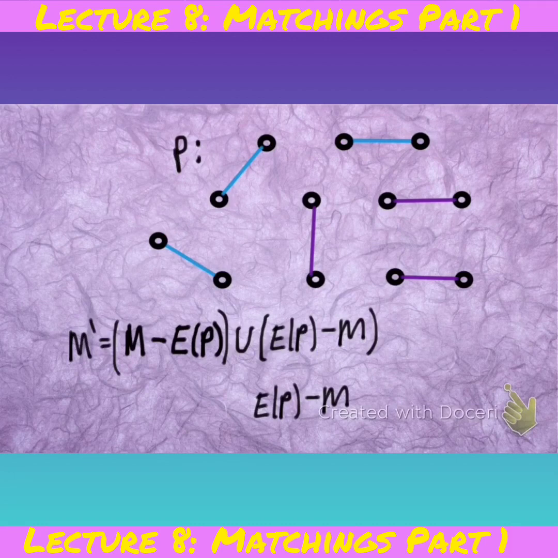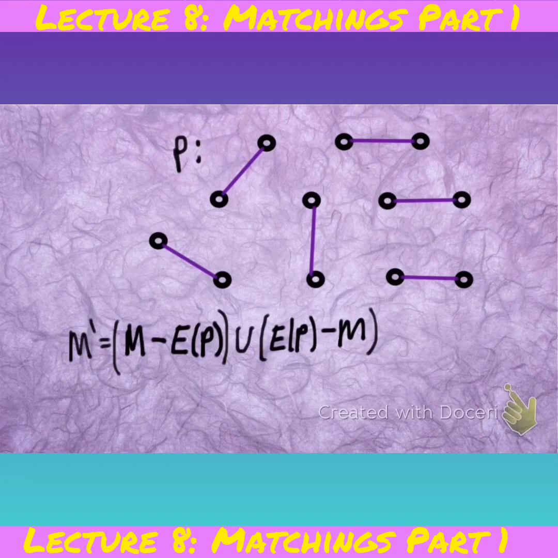And now the remaining edges of the path, you're going to add to my purple set. Okay, so that is now a new matching, and that's the matching M prime.